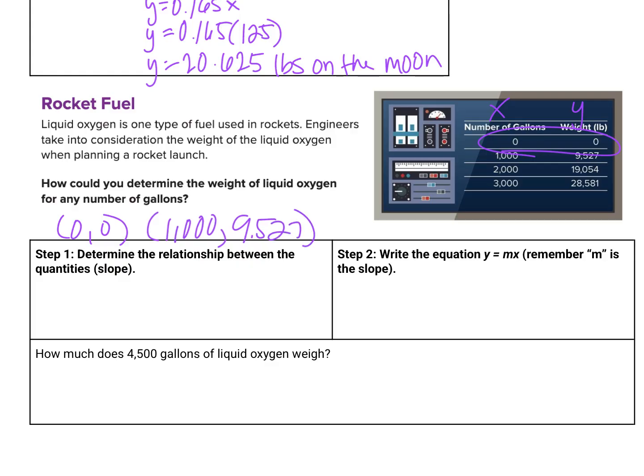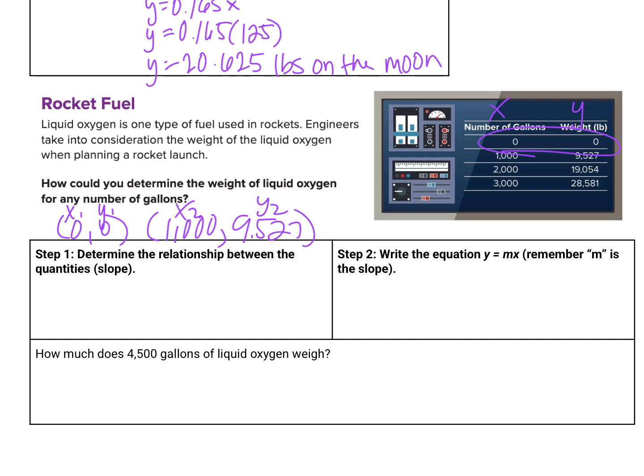So with our slope formula, remember it is y2 minus y1 over x2 minus x1. So let's go ahead and label these points. This one would be my x1, y1, this would be my x2, and my y2. So let's plug those into our formula.